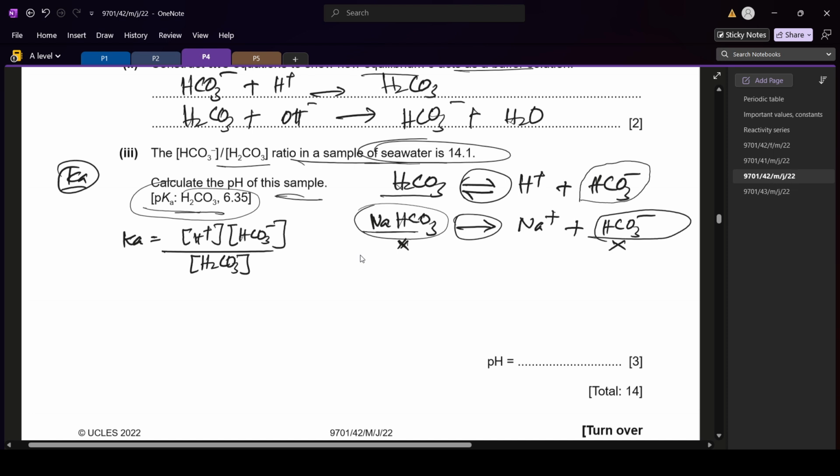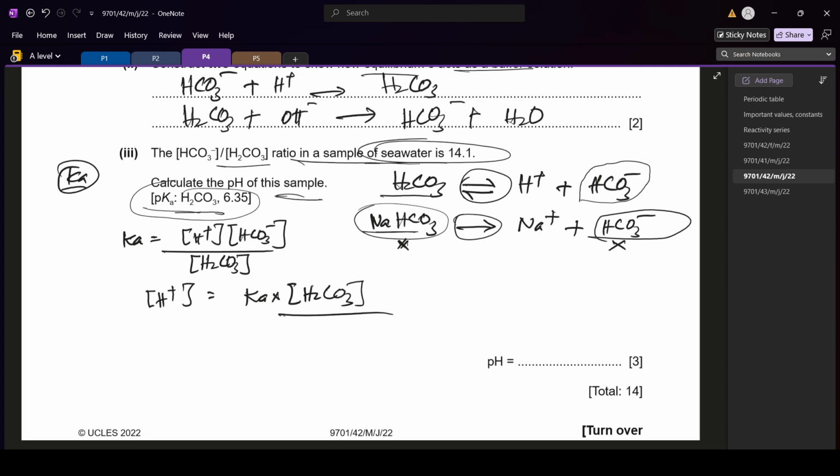From there, if I write the expression again, we have to calculate the concentration of H plus ions. So we have Ka multiplied by the concentration of acid, divided by the concentration of salt.